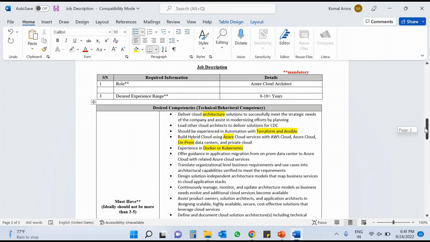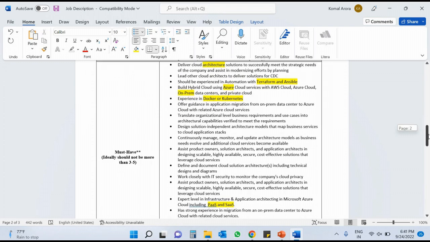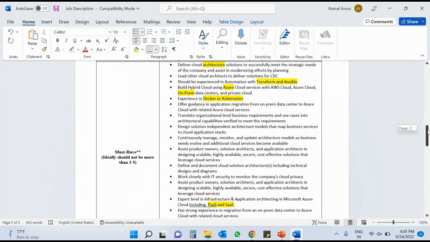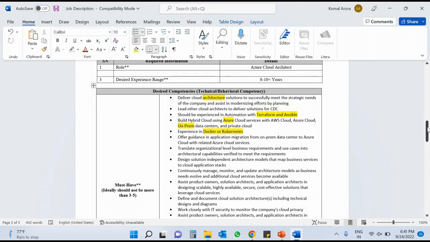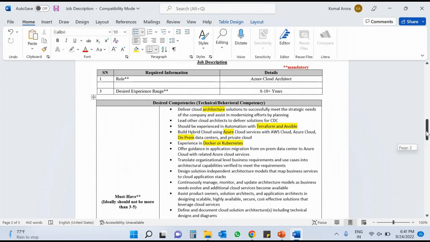Basically this JD contains 15 to 16 lines, and in these lines I have picked out just 7 to 8 keywords, maximum. In this way only we can make the relevant search. Just put architecture, cloud, Terraform, Ansible, Docker, Kubernetes, PaaS, SaaS and Azure AD. And I am sure you will find the relevant CV.